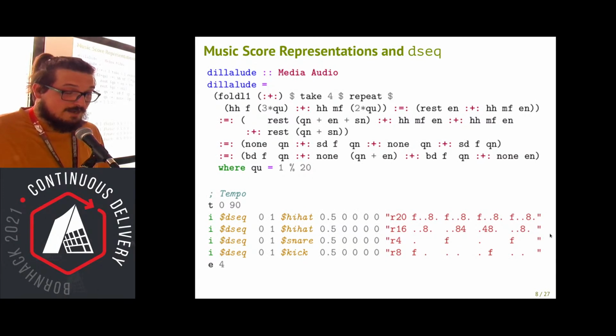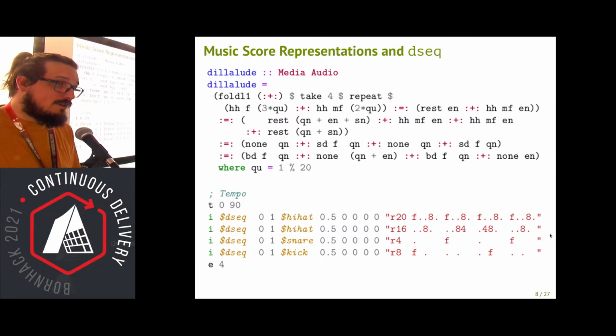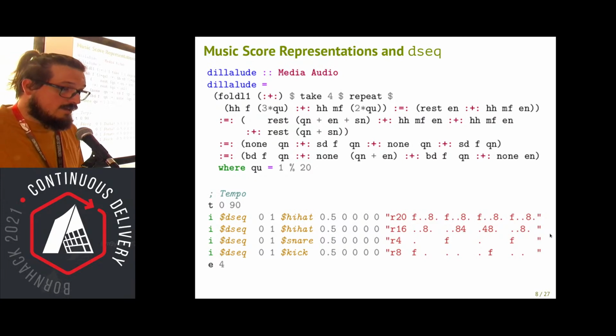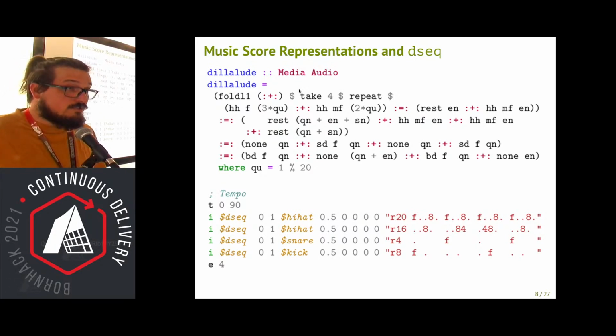Then there's a third category. I want to call the third category music score representations. And here are two examples of such representations. The first one here is a very used Haskell-embedded DSL for notating music, and it has two operators.